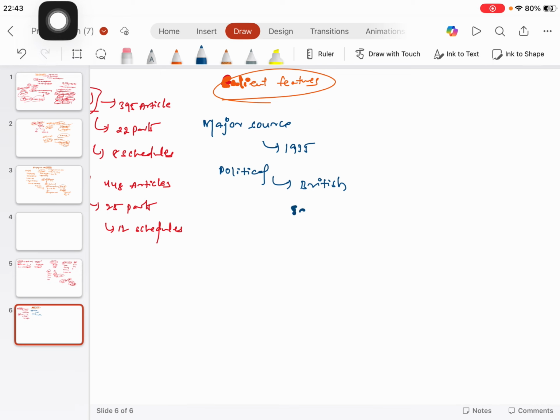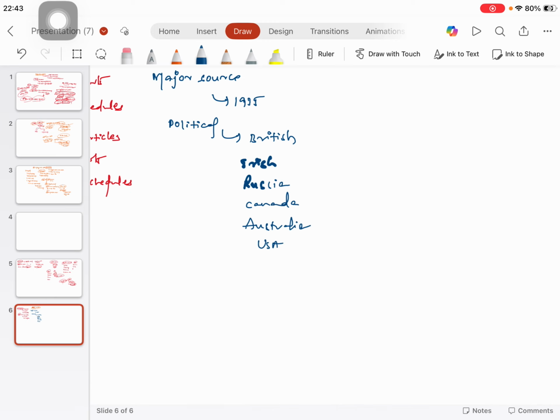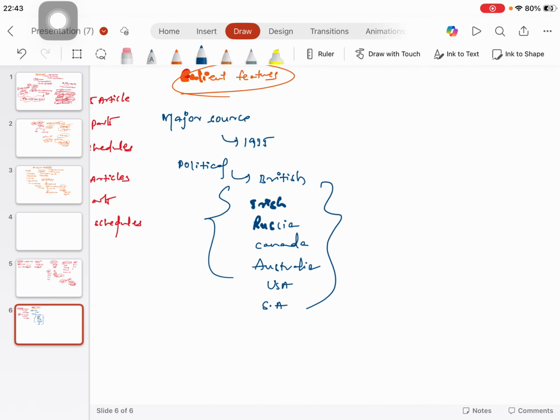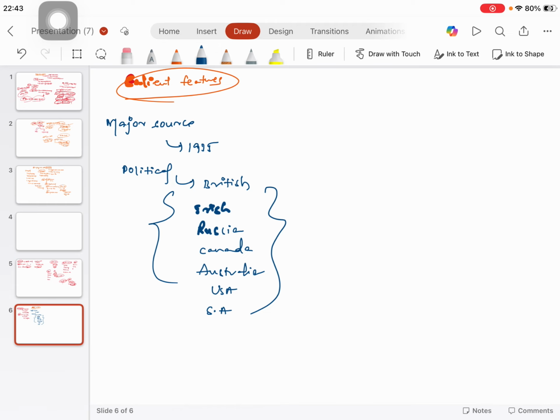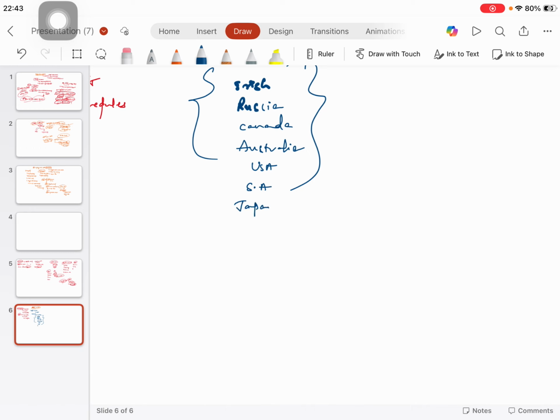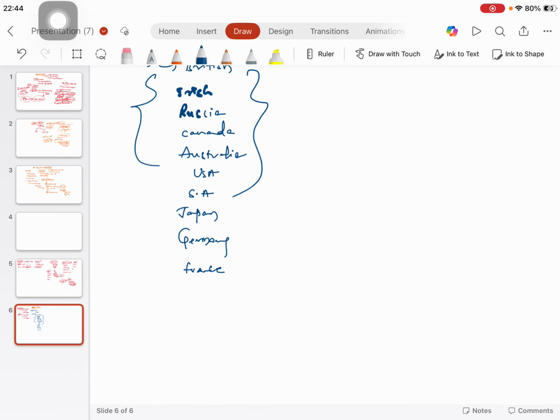There were about one Irish, Russia, Canada, Australia, USA, South Africa, Japan, Germany, France. These many countries we took reference from, and we have taken a few things.